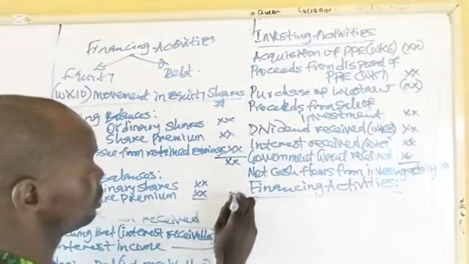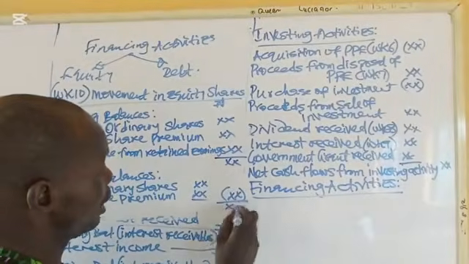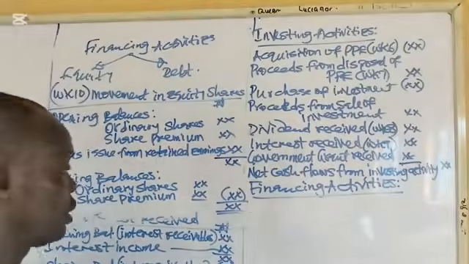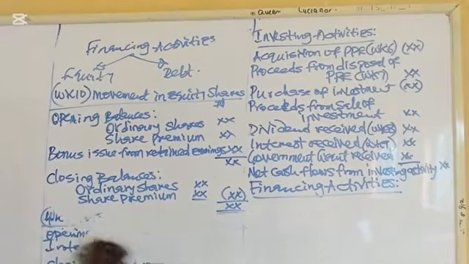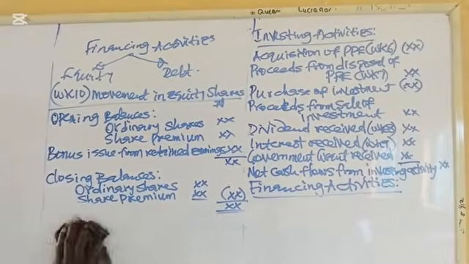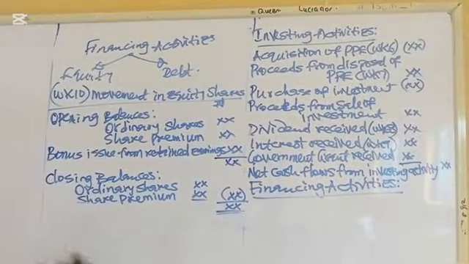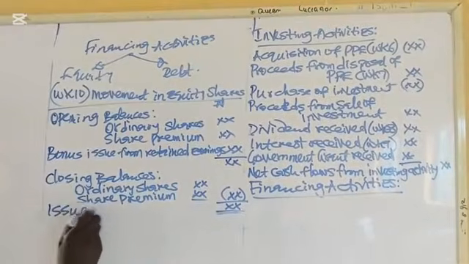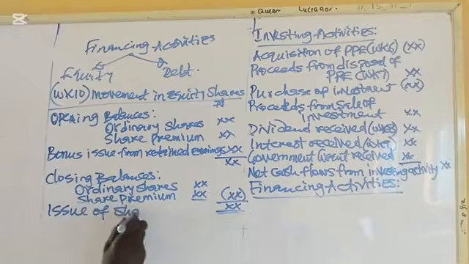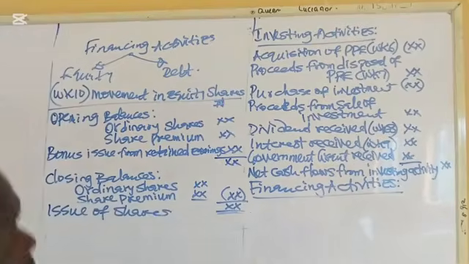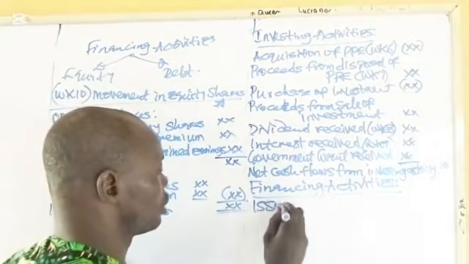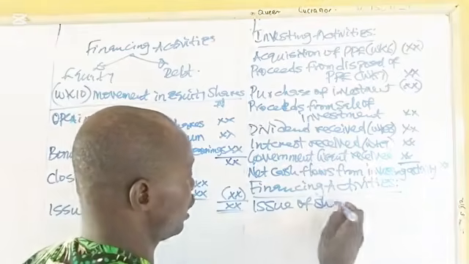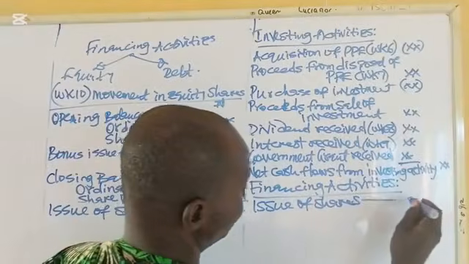So you subtract the closing balances, and you will get the issue of shares. This issue of shares will appear as a financing activity. It's an inflow.